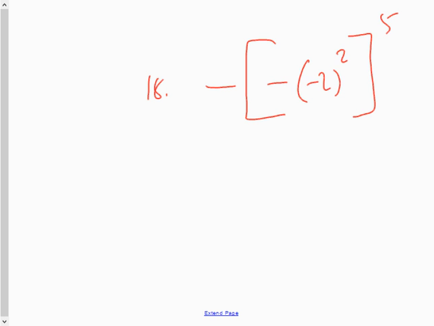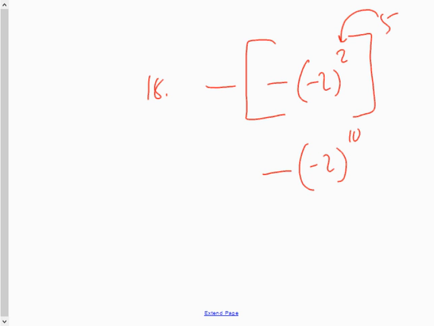Question 18 is the negative value of negative 2 squared to the 5. Okay, so let's work on this. There's two ways you could do it. You could simplify the brackets, or you could put your exponent to the exponent, which would be the opposite of negative 2 to the 10, because your law would say keep the base and multiply your exponents.